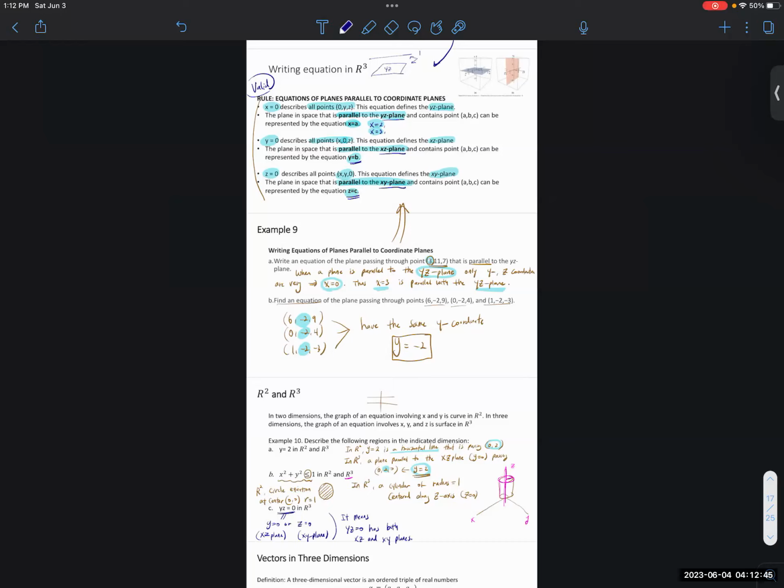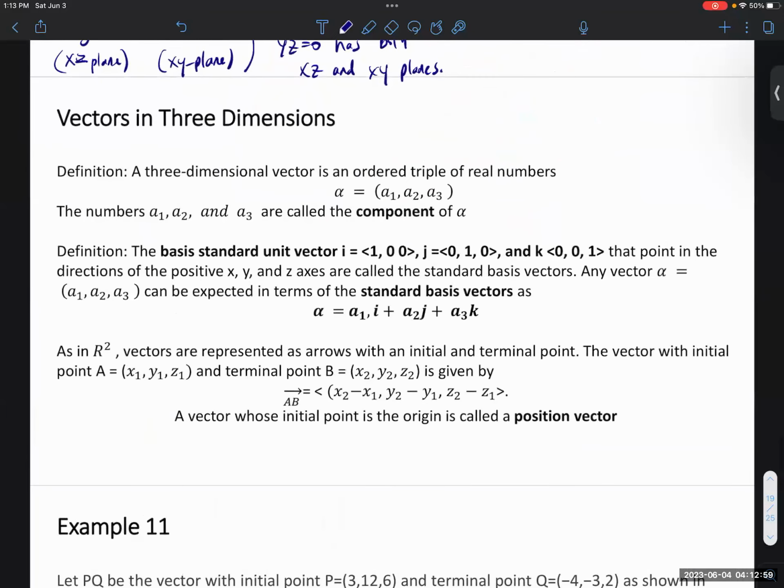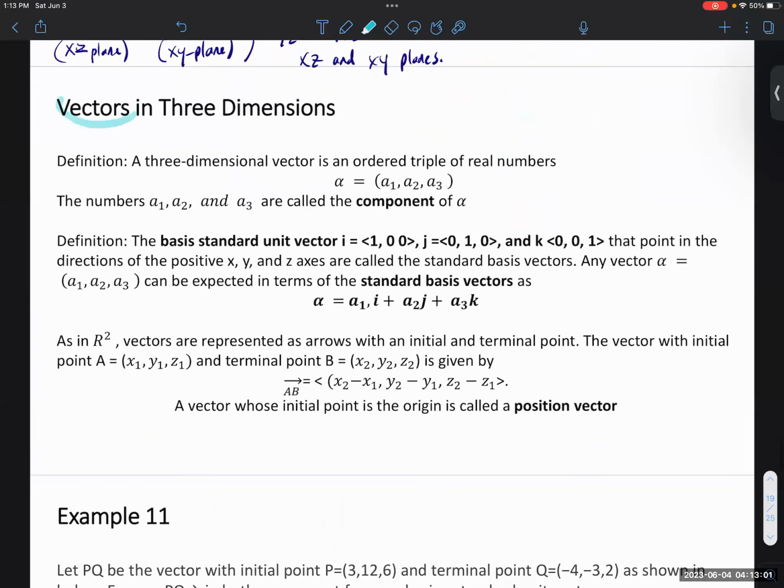Okay, almost done. So now you build up all the basic concepts of 3-dimensional space. Now let's talk about the vector. So we already learned the vector in 2-dimensional space. It's the same thing. So what happened? Vectors in 3-dimensional space. So you have 3 components, a1 from the x-axis, a2 from the y-axis, a3 from the z-axis. So we call them components, same thing.